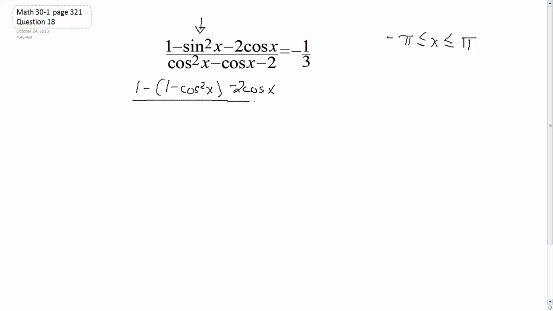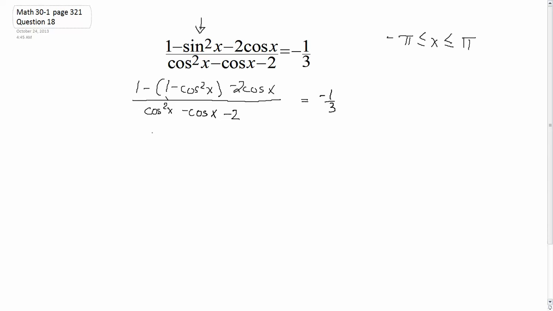All of that is over cos squared x minus cos x minus 2, and all of that's equal to negative 1/3.